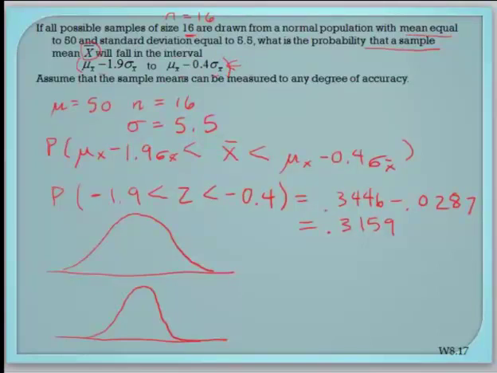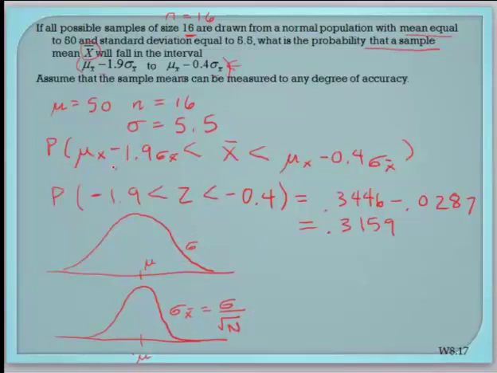To do this, remember that this underlying population is characterized by a mean and a standard deviation. The population of the sample means also has a mean that is hypothesized to be at the true mean, and it has a standard deviation, sigma x bar, that is the standard deviation divided by the square root of n.